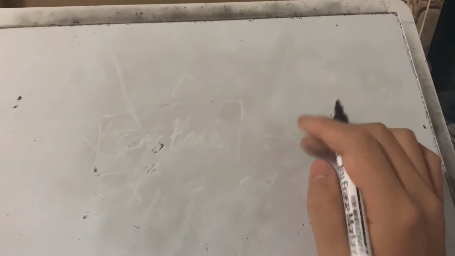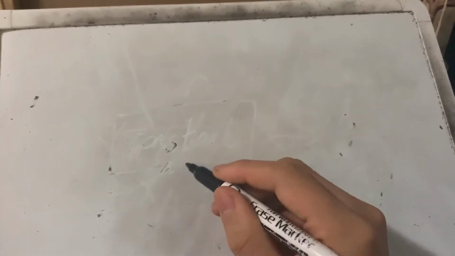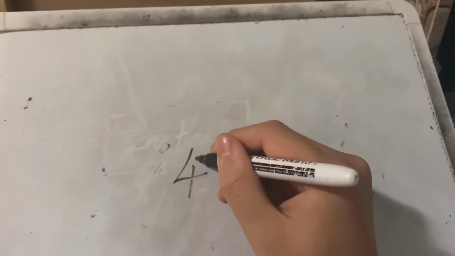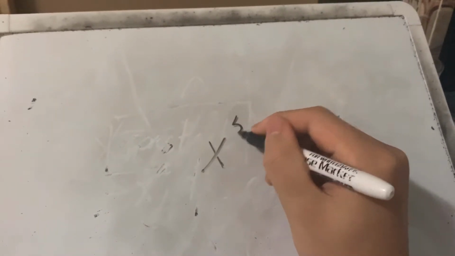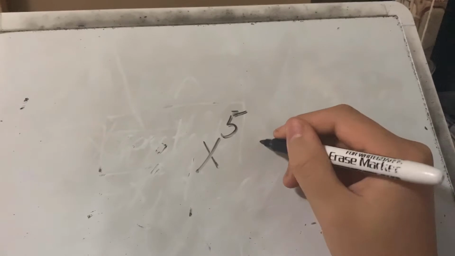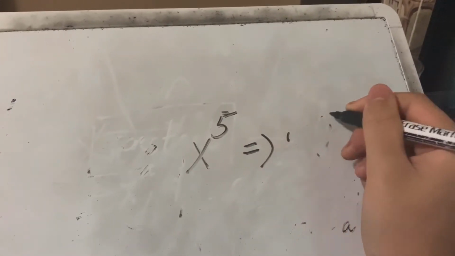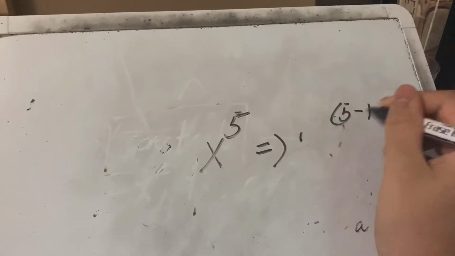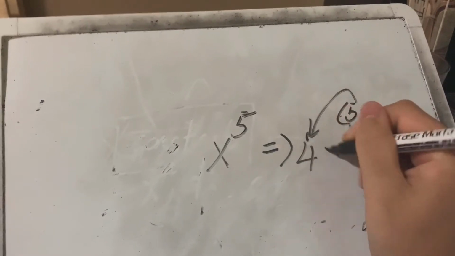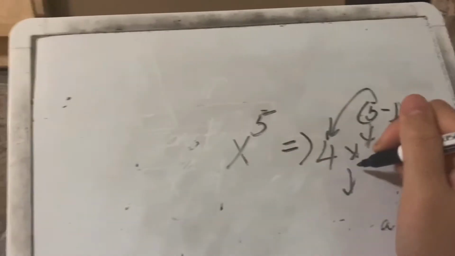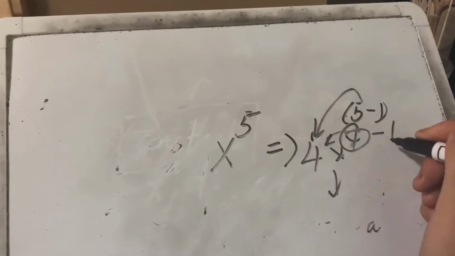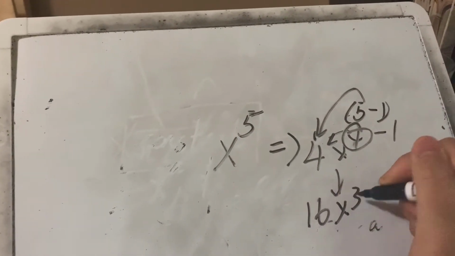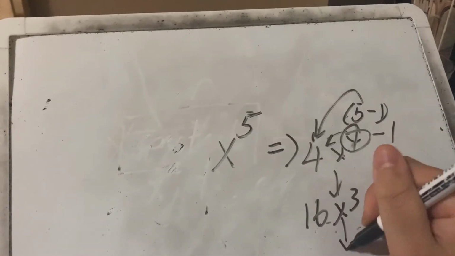So in this case, it is going to be 4 to the power of 2. We're given a function x to the power of 5, and we are going to find the first derivative. The first derivative has exponent 5 minus 1, which equals 4. We move the 4 down, so it's 4x to the power of 4. Then we multiply again and subtract 1, and this is going to be the second derivative. And we just go on and on.